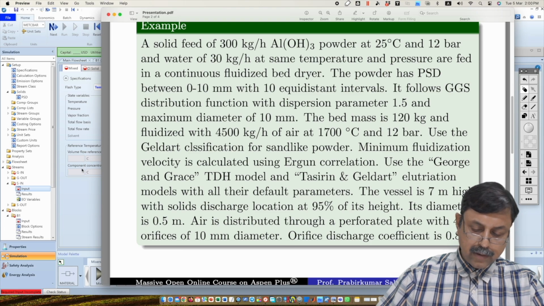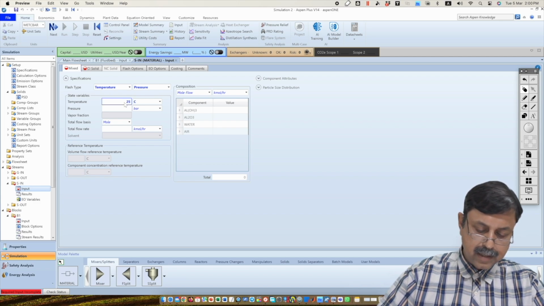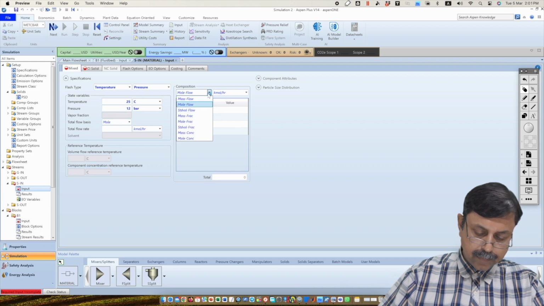So we will write 25 degrees centigrade and 12 bar pressure, and 30 kg per hour water.